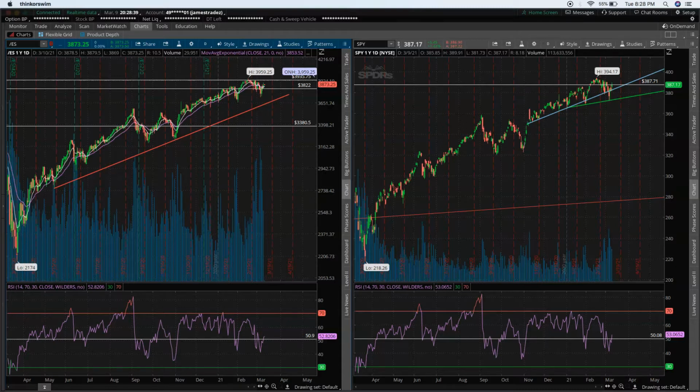So basically, ES refers to the E-mini S&P futures. The SPY doesn't trade 24 hours. The ES is essentially a forward-looking contract for SPY.